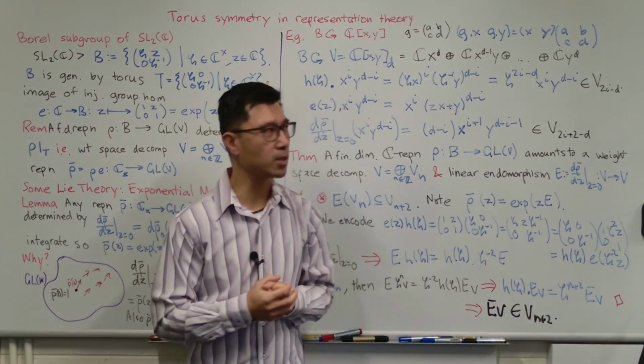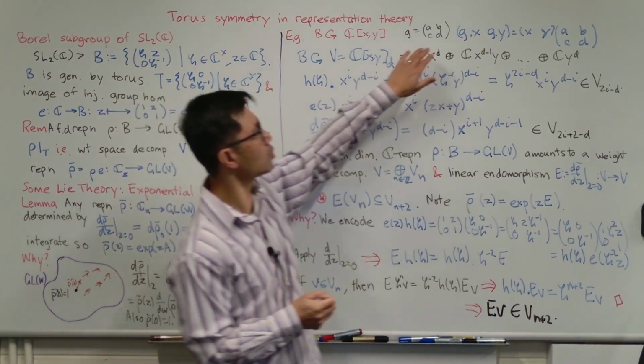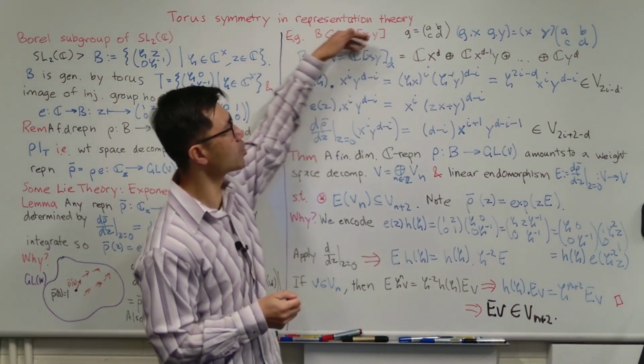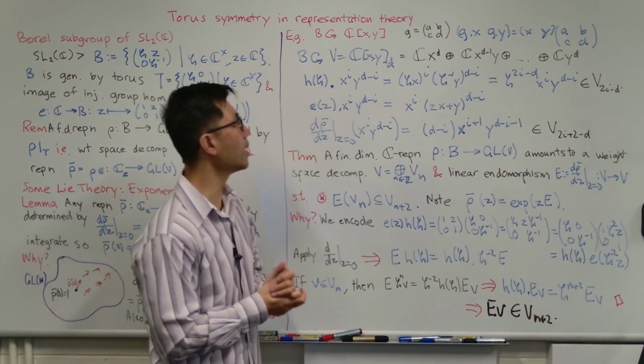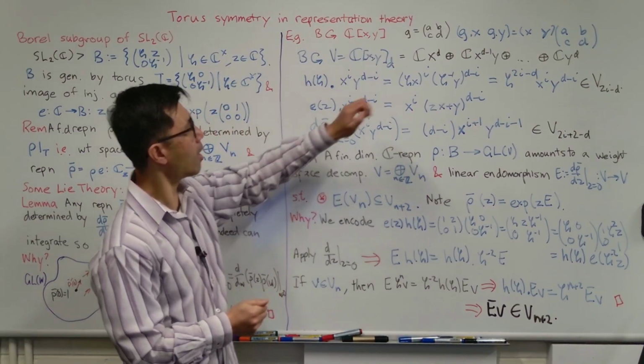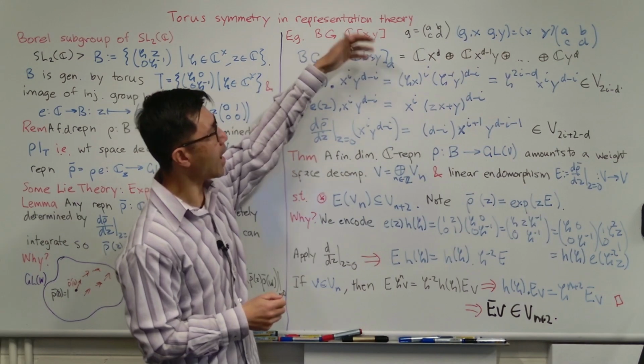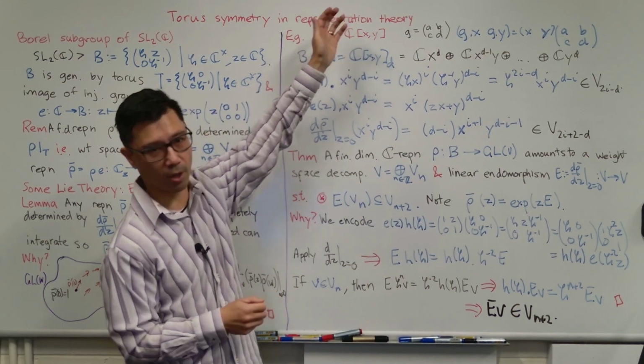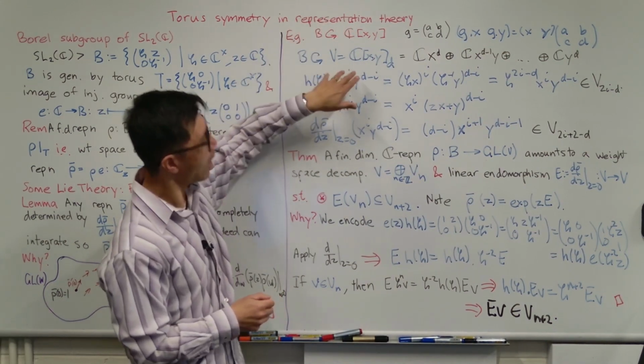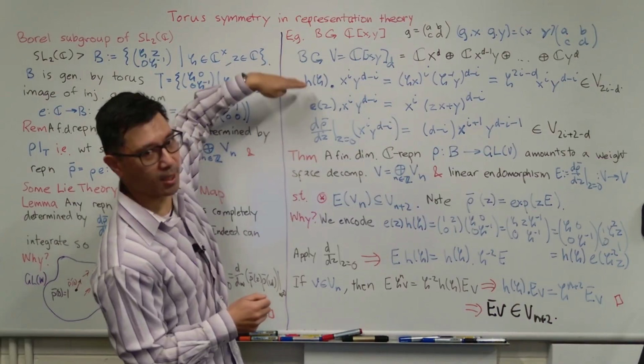To get a finite dimensional one, you realize that this has to preserve the degree. I've just told you what it does on X and Y, and so it also acts on powers of X and Y and their products, so all polynomials. I'll go through that in more detail in this calculation here.